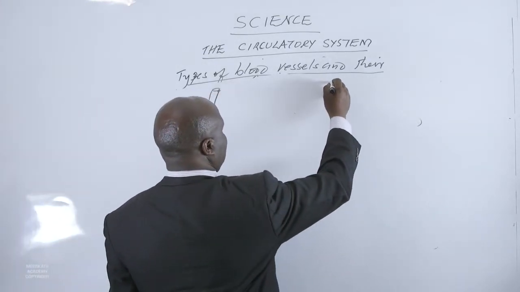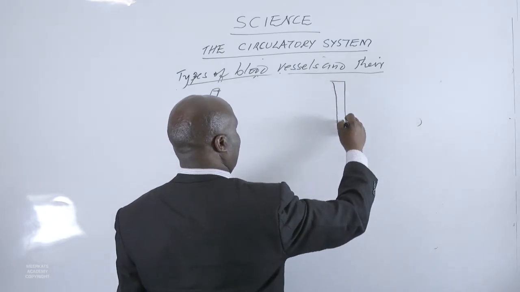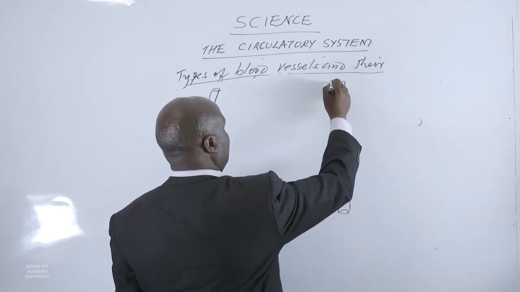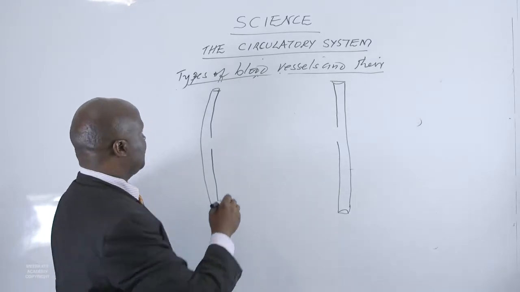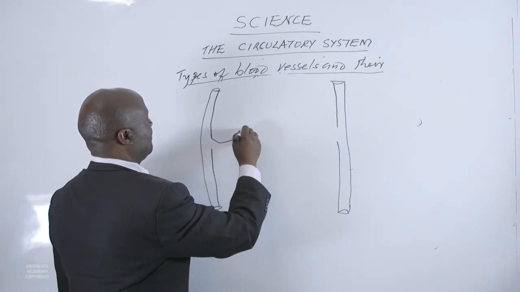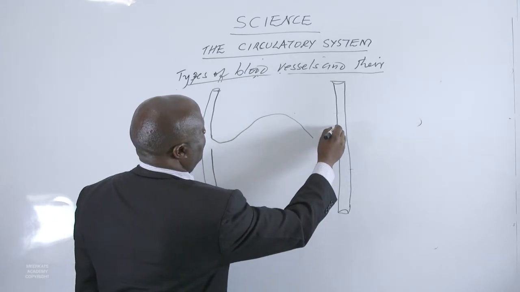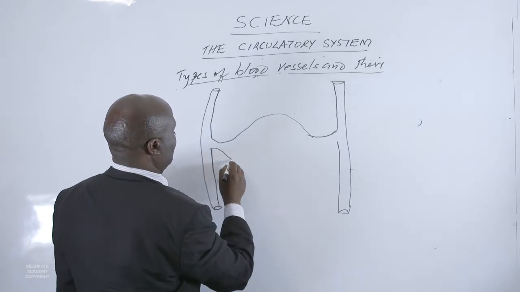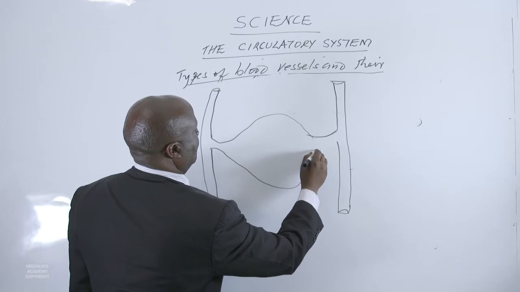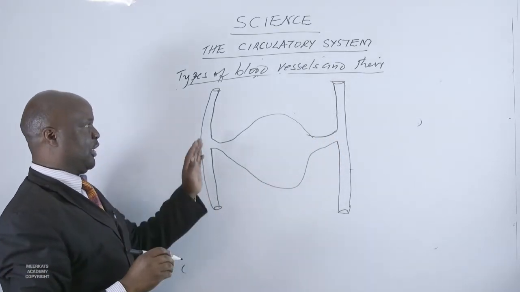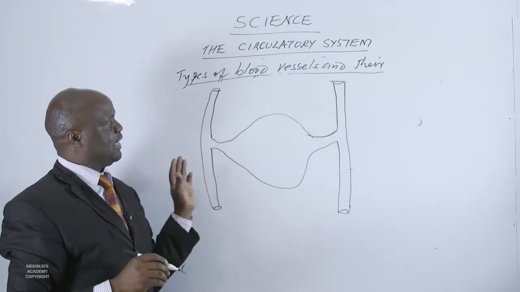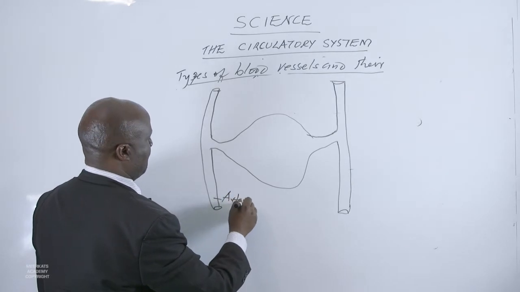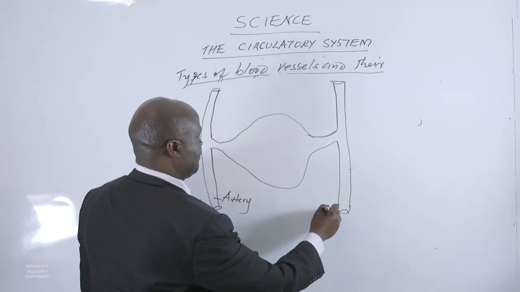We can have such tubes, like so. Now, the two tubes that are far located, we can have this one as the artery, and this other one is the vein.